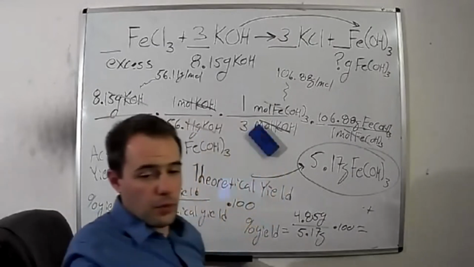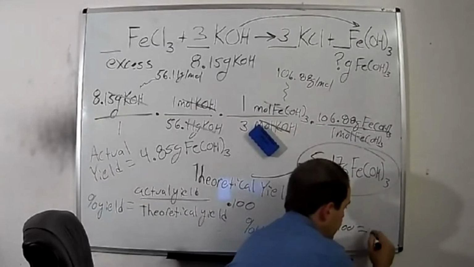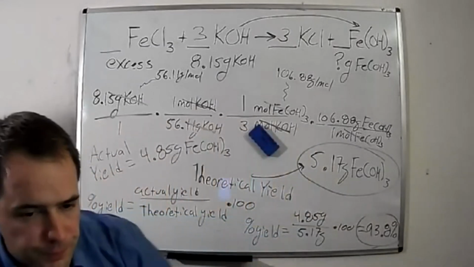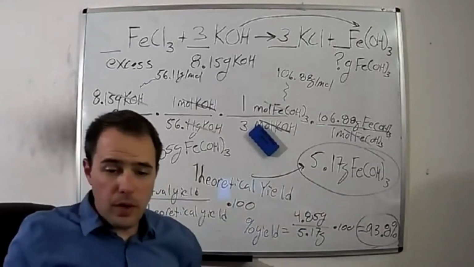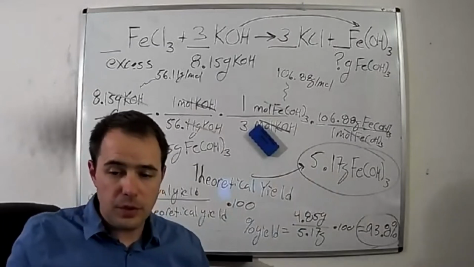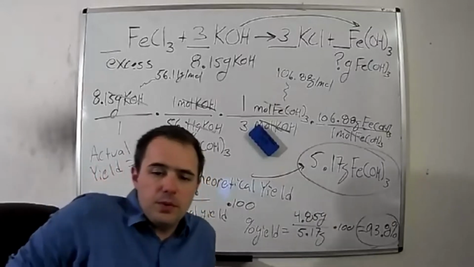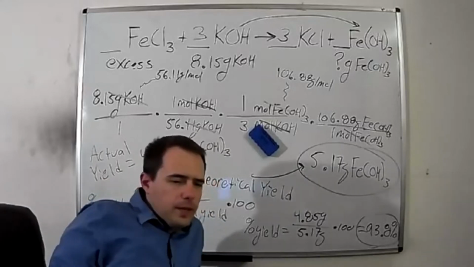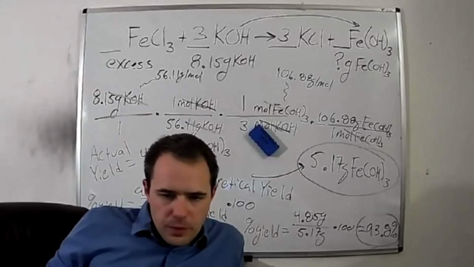I don't grade percents for sig figs, so this reaction would have a percent yield of 93.8%. People always say, is that good? Well, it totally depends. If you are a synthetic organic chemist, you are usually shooting for above 95. We could talk about why in a minute, but it totally depends on what you're doing.